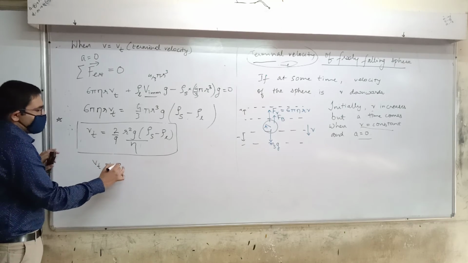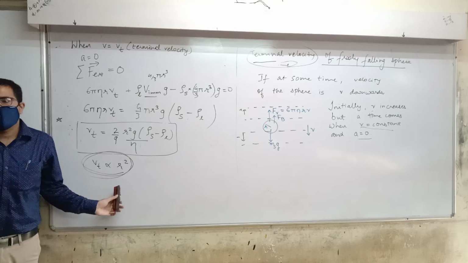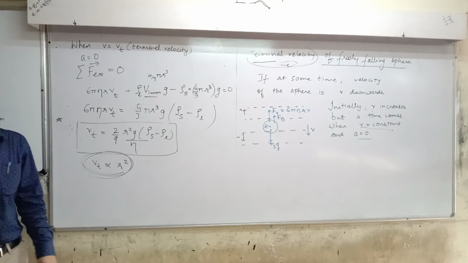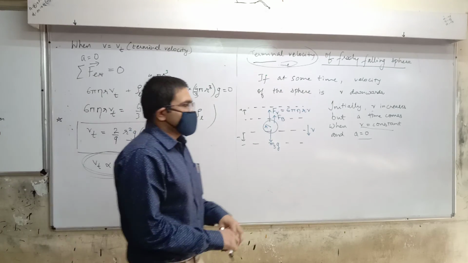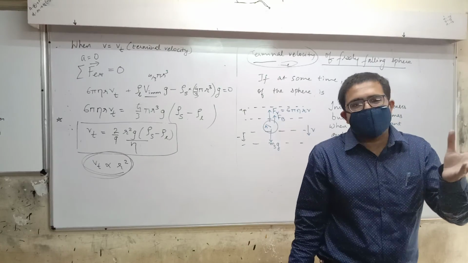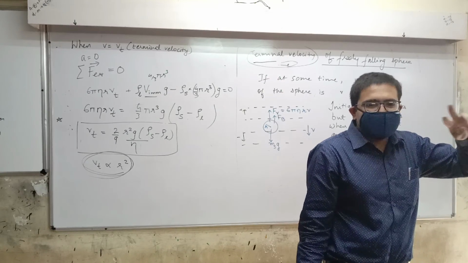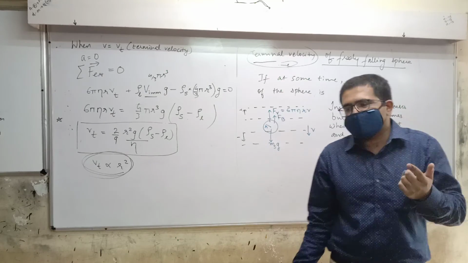A few simple things come out of this. Is this fine? Yes. Vt is directly proportional to r square. So instead of taking a sphere of radius 1 mm, you take a sphere of radius 2 mm, then it will fall 4 times faster. Not 2 times, but 4 times.